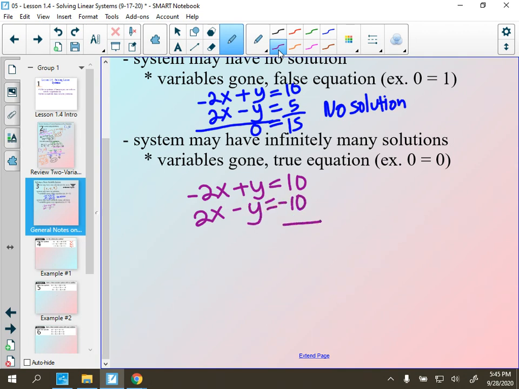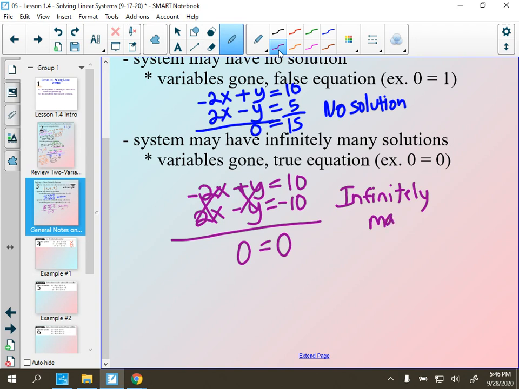So I get opposite numbers on every coefficient. Eliminate. So I still have a 0 over here, but now instead of a 5, I end up with 10 and negative 10. I get 0. So everything eliminated. 0 equals 0. That's how I know that this has infinitely, and this is what I'd want you to say, infinitely many solutions. All right, so we'll look at an example of how that happens, or what that looks like, okay?